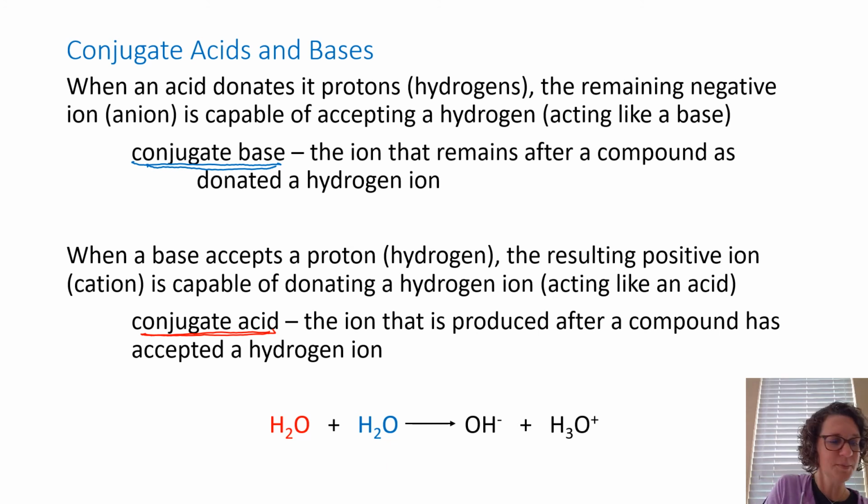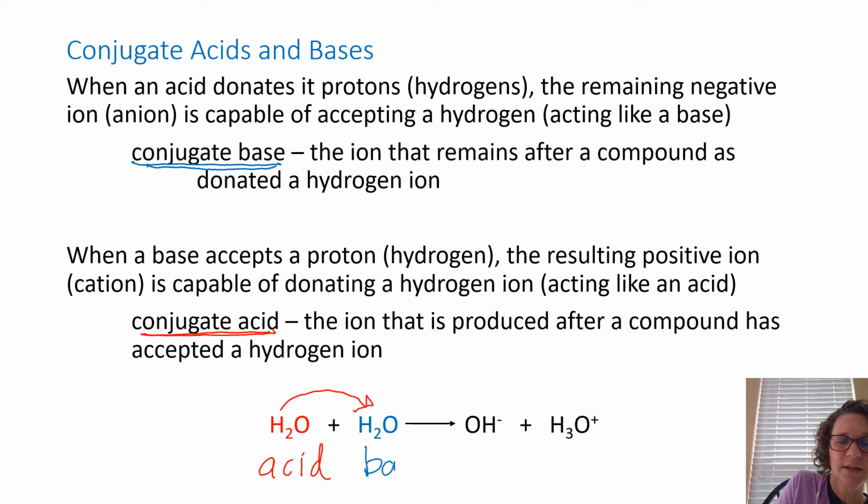So I labeled them. This red, we're going to say is our acid, the red water, and it's going to give an H to the blue water in this case, which is going to be our base. All right, so now we've got our acid and our base. And then on the other side, we have the leftovers, what remains.